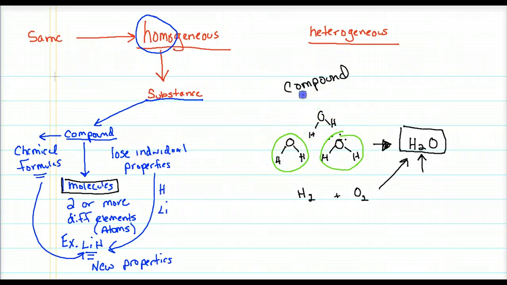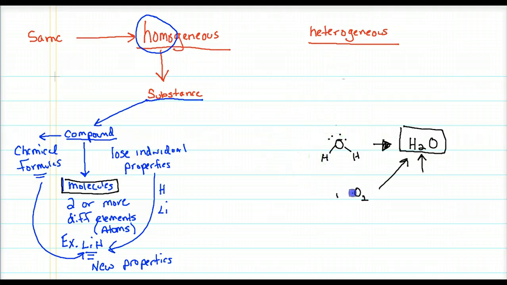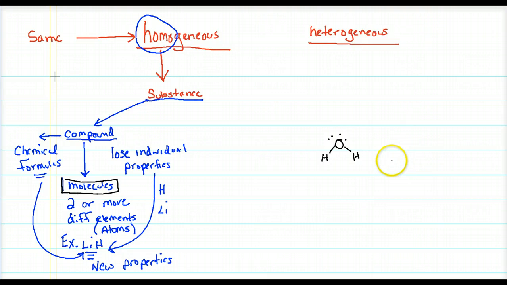Now, the thing with a compound, if you notice, because of its arrangement of different atoms, or we'll say elements if they're the same type, it can be broken down. This molecule can be broken down into hydrogen atoms and oxygen atoms. So a compound isn't the simplest structure. What is? You got it, the individual atoms.